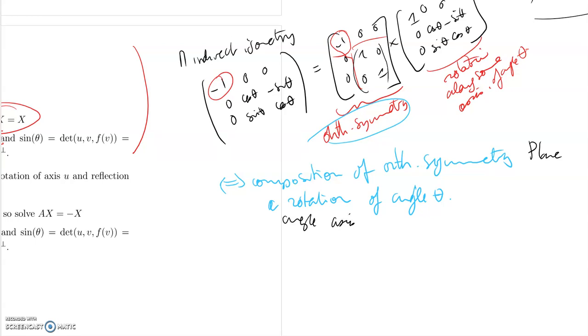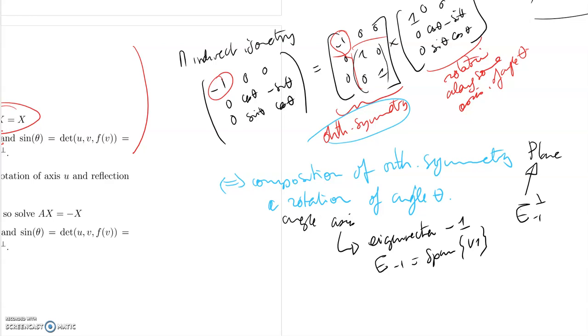The good thing is that the axis of the rotation corresponds to the eigenvector for eigenvalue -1. Let's call that E -1, that's going to be the span of one eigenvector. And the plane here is just what's remaining. It's going to be E -1 orthogonal.